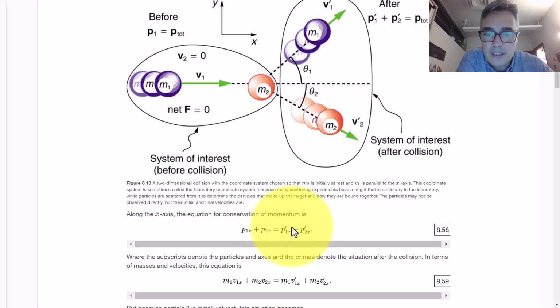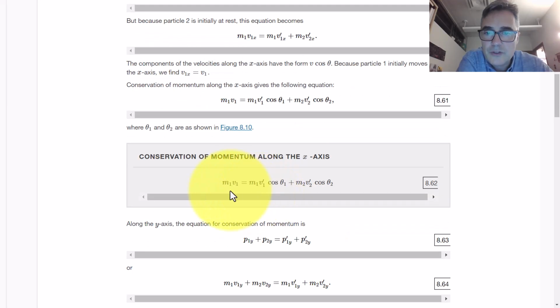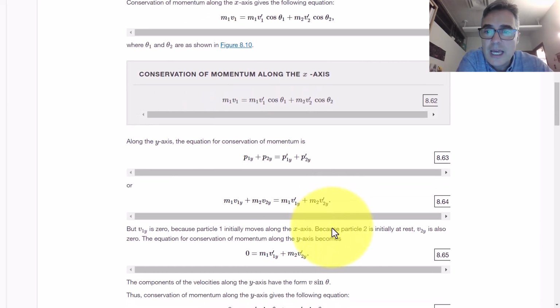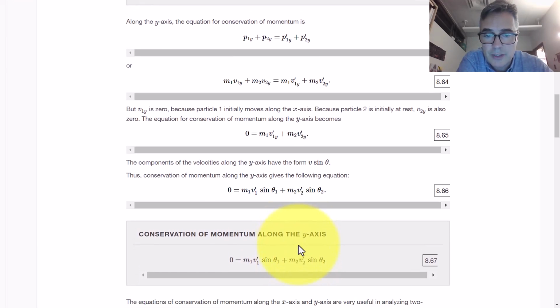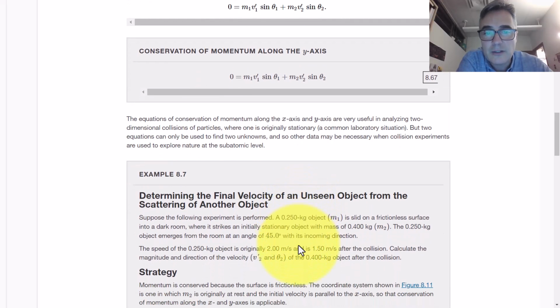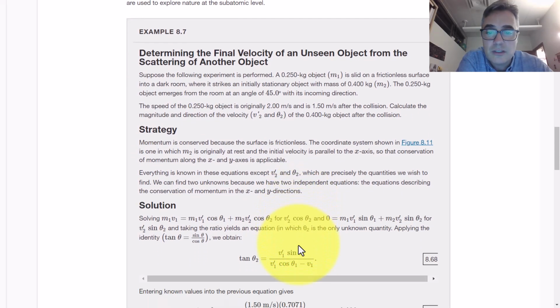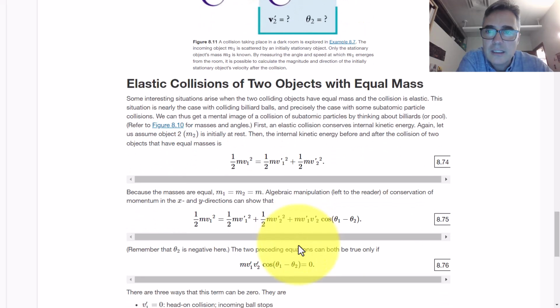So they put the primes on for after, no primes for before, and there's an x here, and then there's also a y. So this is conservation of momentum along the x-axis, the x components, and then conservation of momentum along the y-axis, the y components for these collisions. So you work all this out, and you can get some of the angles for collisions in a 2D plane. I'll talk about that a bit in class.